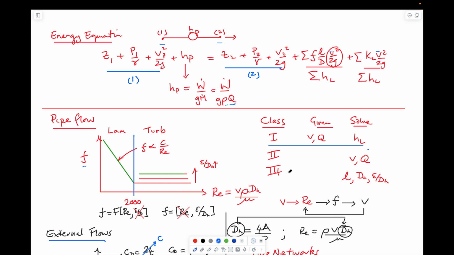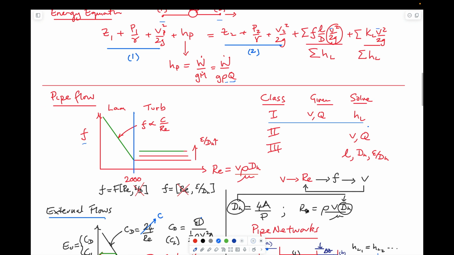But the other problems are slightly more difficult because you have to iterate for a solution if you aren't given, for instance, a flow rate. If you're given a flow rate, obviously you can calculate the Reynolds number straight away. Reynolds number is a velocity, density, an equivalent length scale, usually the diameter of the pipe. For non-circular section pipes, it's the hydraulic diameter, d sub h, and a viscosity.